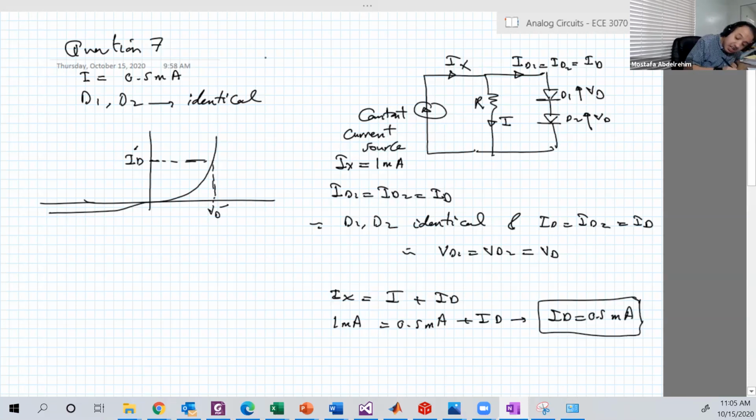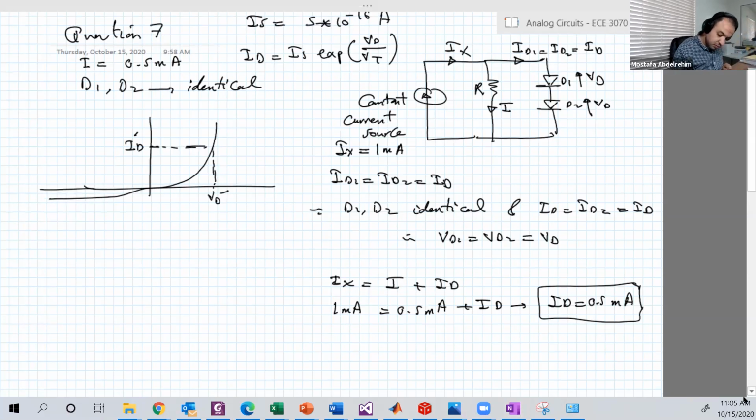The last given forces you to use the accurate model, the equation, that ID equals IS exponential VD over VT, for any diode. And IS equals 5 times 10 to the minus 16 amperes.